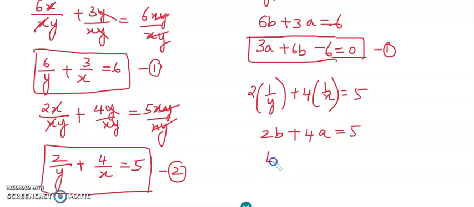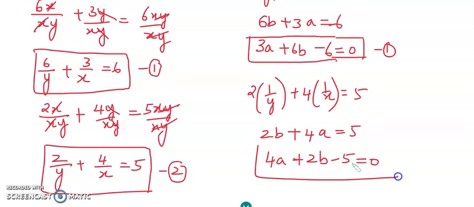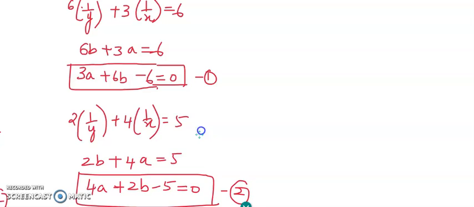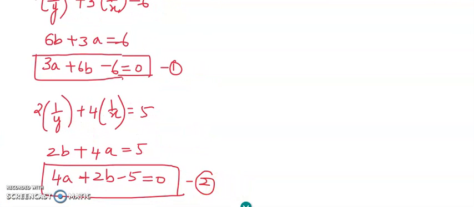So it will be 4a plus 2b minus 5 equals 0. That's my second equation. Now when we are applying the cross multiplication, x and y are replaced by a and b, so we have to be careful with that.